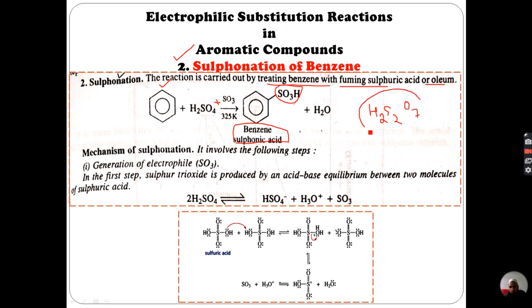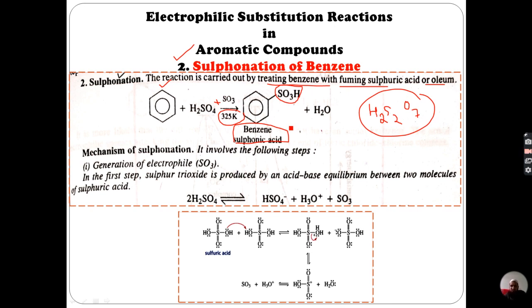So that's also called oleum. This is used for carrying out the sulfonation of benzene. So to convert benzene into benzene sulfonic acid, we require sulfuric acid plus SO3 at a temperature of 325 Kelvin. Okay, that's as simple as sulfonation.